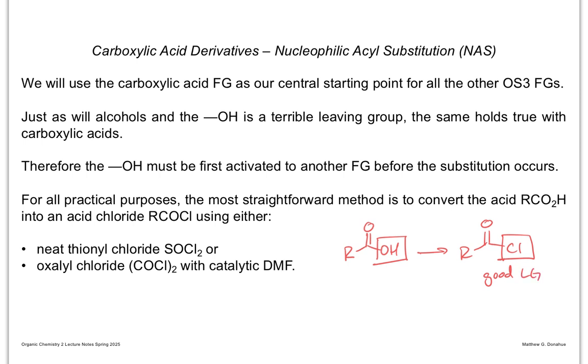So the two methods to take a carboxylic acid to the acid chloride. The first one uses this reagent called thionyl chloride, SOCl2. And the second one uses a reagent called oxalyl chloride and then a catalytic amount of that amide DMF. So either set takes OH to Cl.